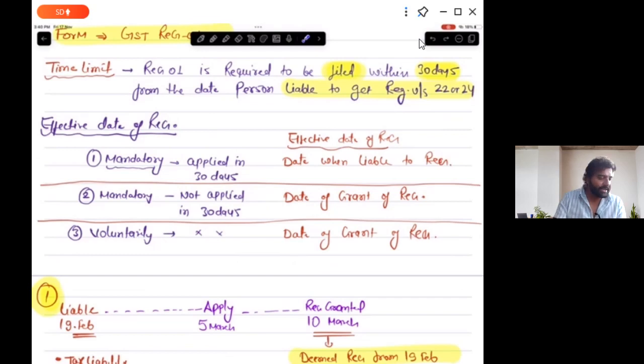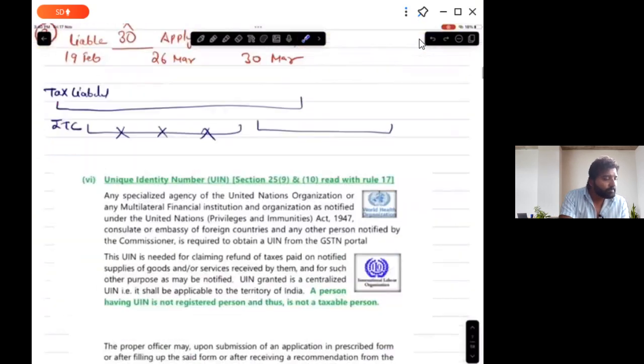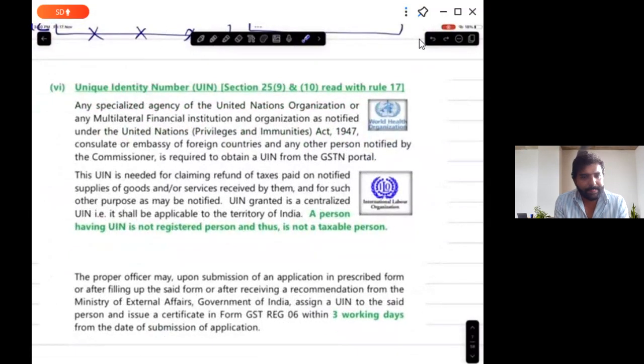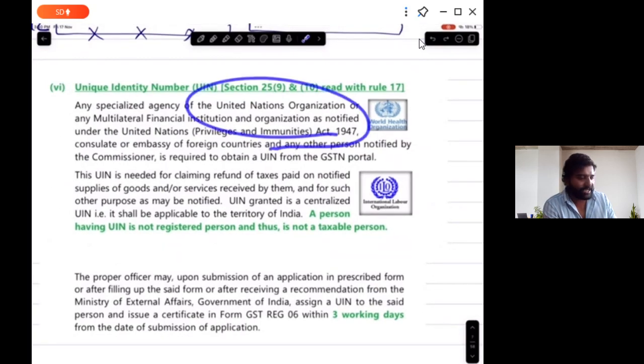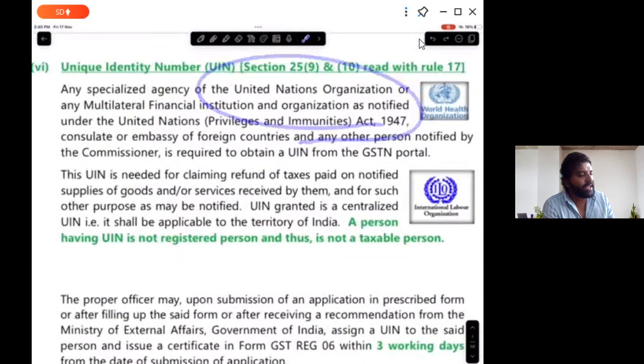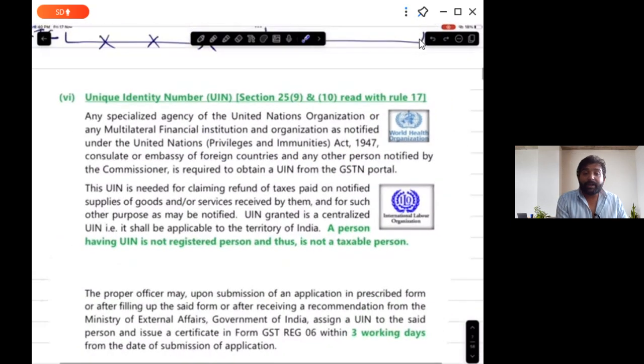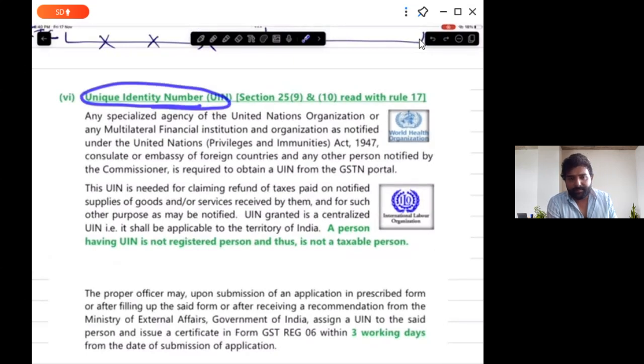Great. Now, there is one more thing. If you are an embassy or you are a UN organization like UNICEF or WHO, or if you are any kind of foreign embassy, then government will give them a special number called UIN number.